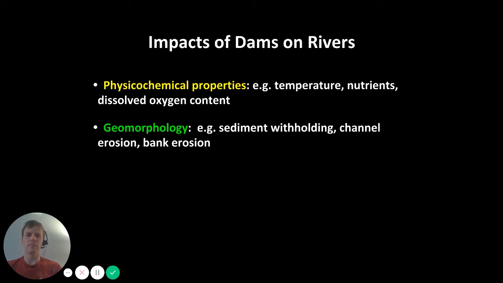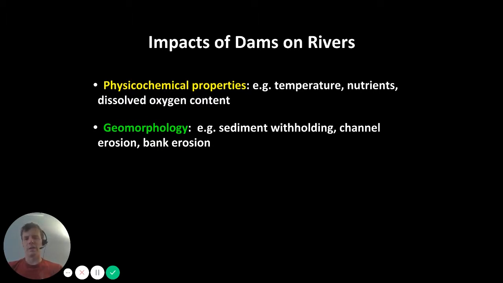So now let's talk about environmental impacts of dams. Dams profoundly impact aquatic ecosystems by altering the physicochemical properties of rivers. They tend to reduce the temperature of water in rivers, so they are often storing water and then releasing water downstream from the bottom of the reservoir, which might have colder temperatures.